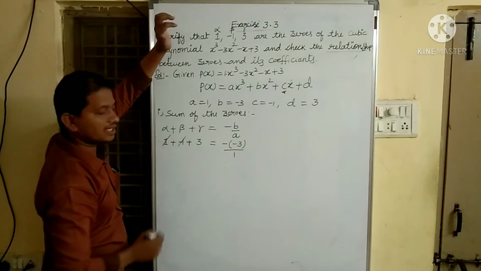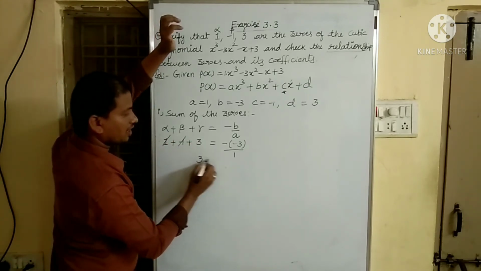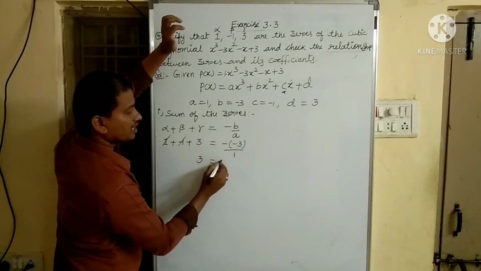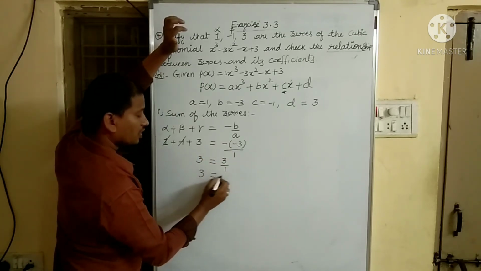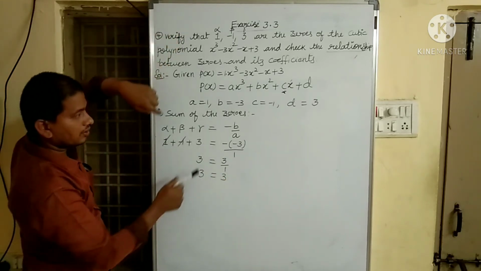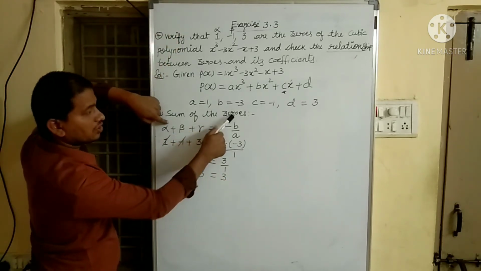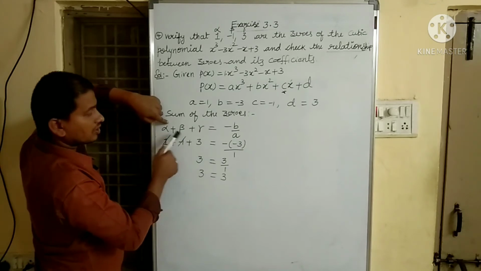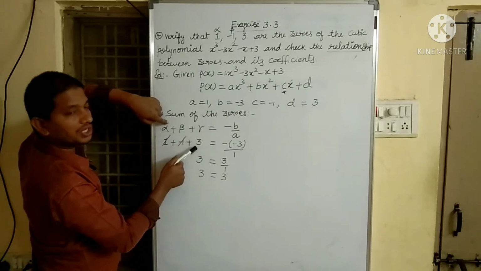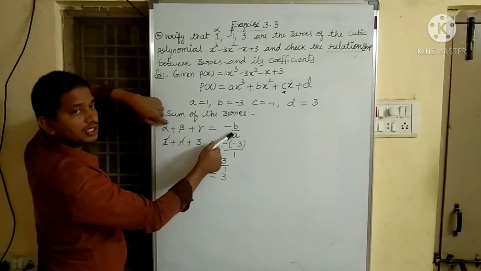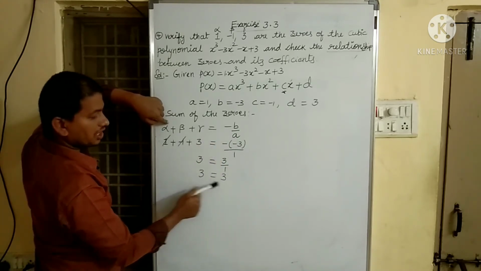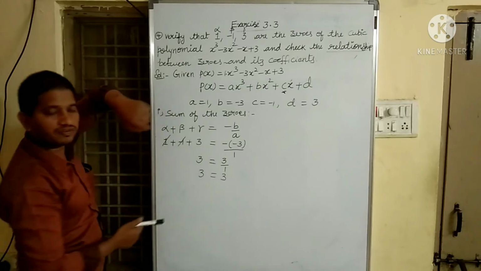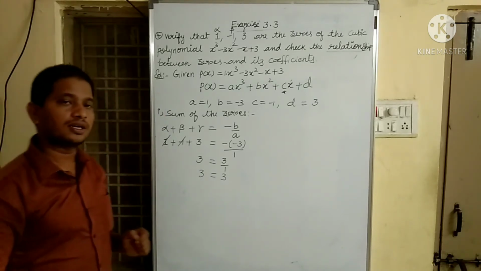Plus 1 minus 1 gets cancelled, here we have 3, equal to minus into minus plus 3 by 1, which is 3 only. See? We verified the sum of the zeros, alpha plus beta plus gamma, we got 3, and using the relationship also we got 3. Both are equal. Hence we verified the relation.